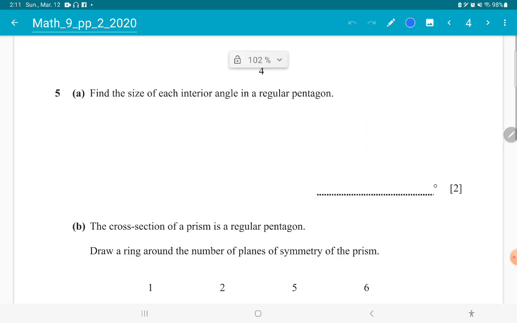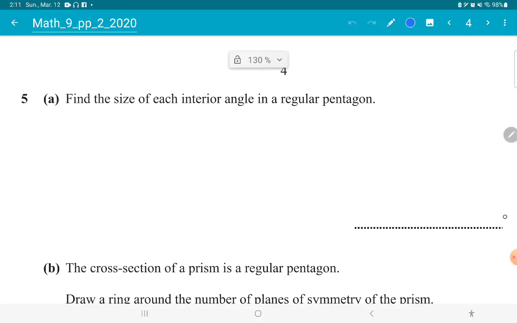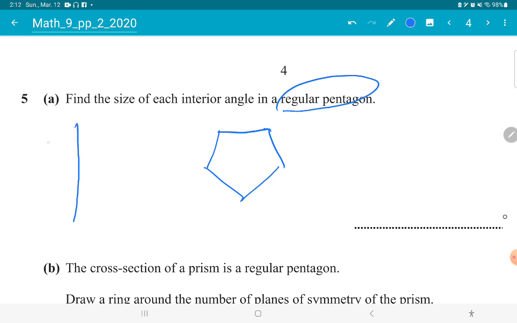Problem 5, it says find the size of each interior angle of a regular pentagon. Regular, 1, 2, 3, 4, 5. Now the sum we need, here's the general rule for the polygons. For the polygons, number of sides and the sum of the angles.